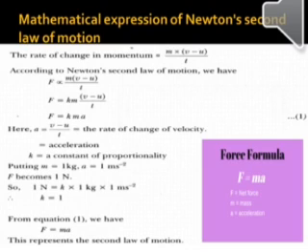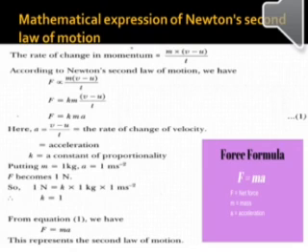According to Newton's second law of motion, we have F is proportional to m into (v minus u) upon t. So F is equal to km (v minus u) upon t. Then F is equal to kma, where a is equal to (v minus u) upon t. Here a is the acceleration, it is the rate of change of velocity, and k is a constant of proportionality.